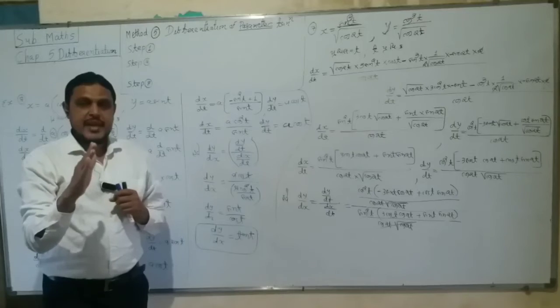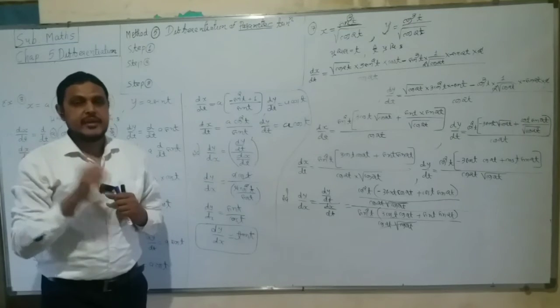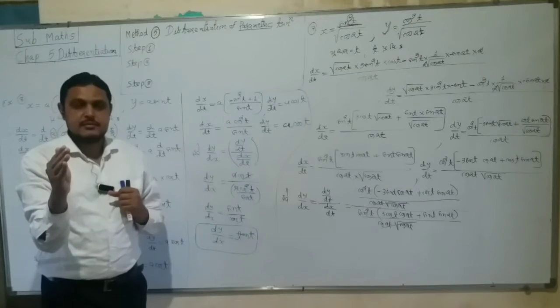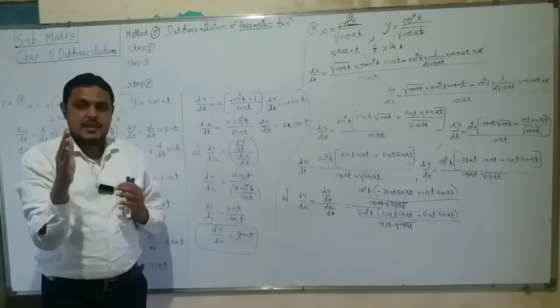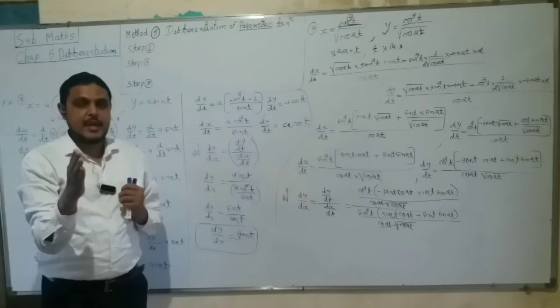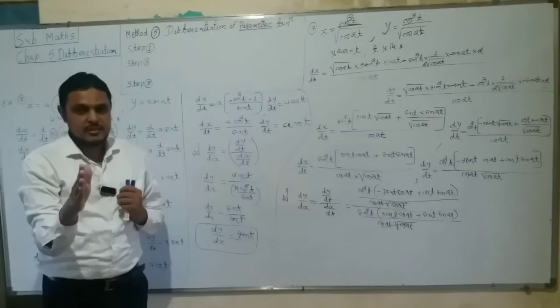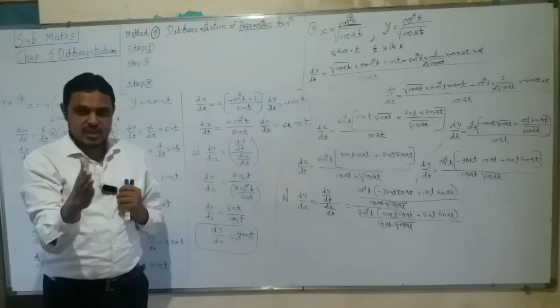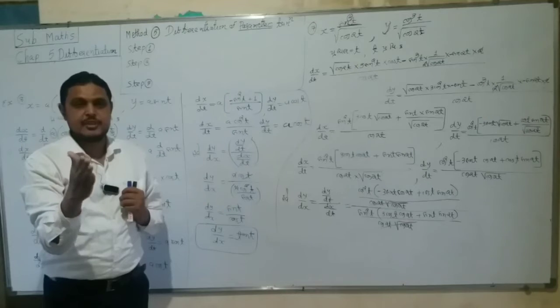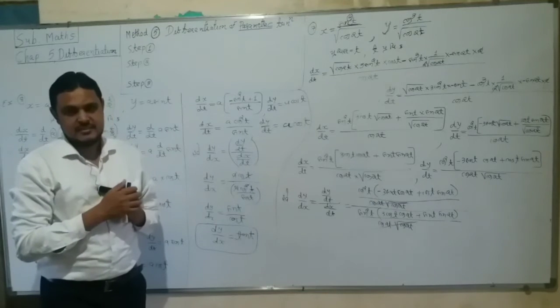If x and y are separately given and they are associated by using a third variable, which is called an extra variable, that extra variable is known as a parameter in mathematics.